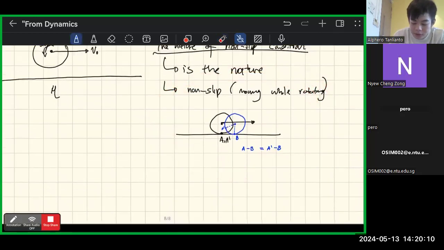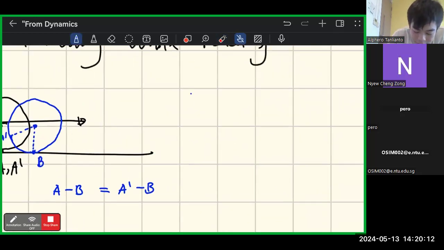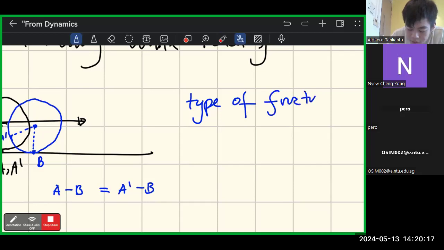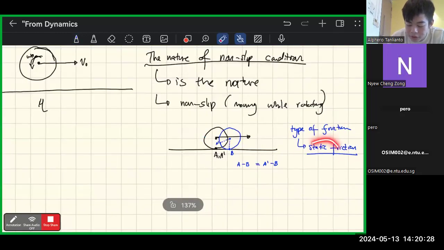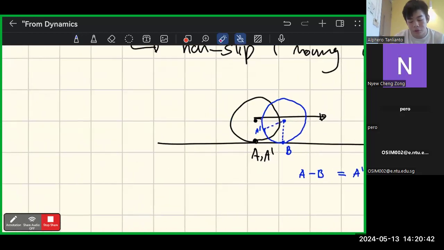And the type of friction in this condition is static friction. Static friction is the friction where the condition is non-slip.